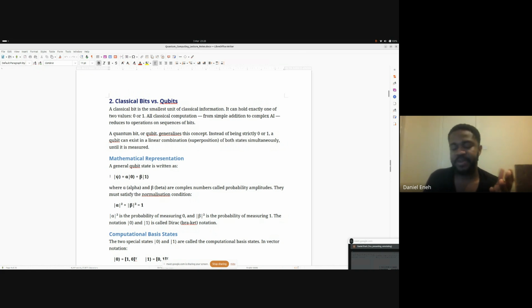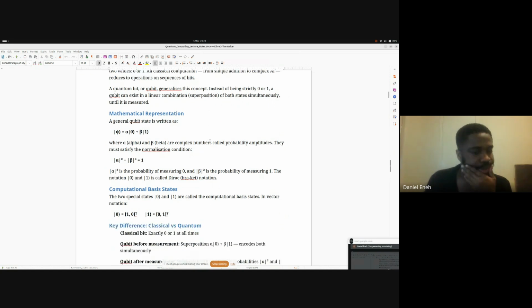If you have a coin, the probability of a head and the probability of a tail, if you add all the events happening, it should sum to 1. So it means that there's a probability of it being a 0 or 1 at a particular state. I hope that is kind of clear.